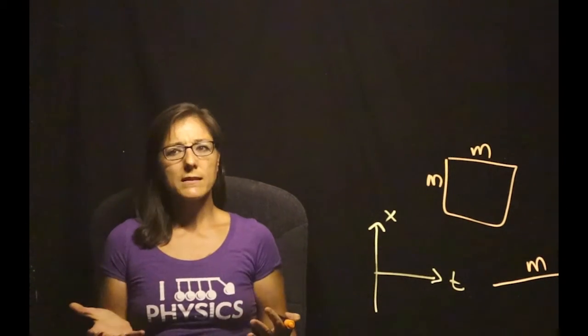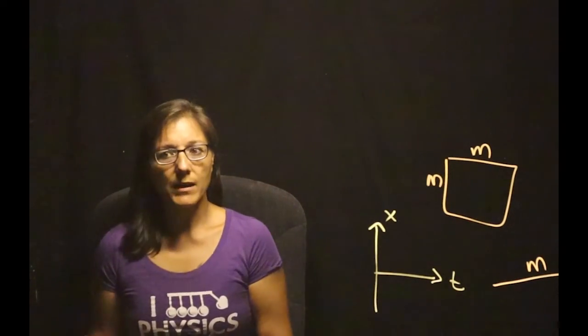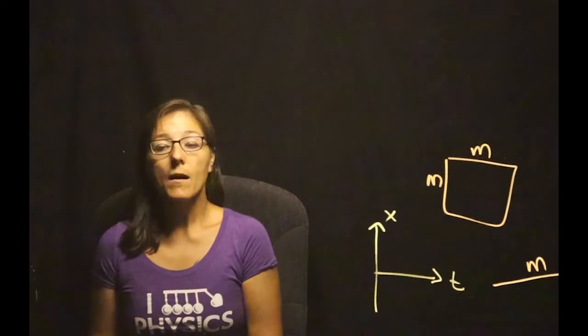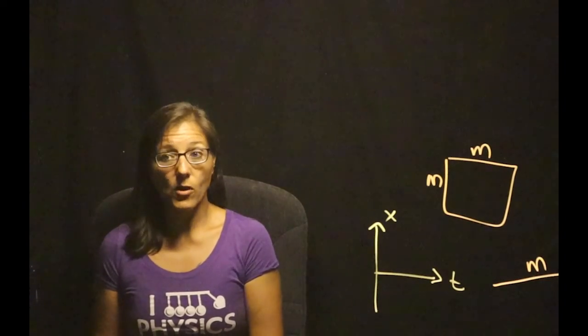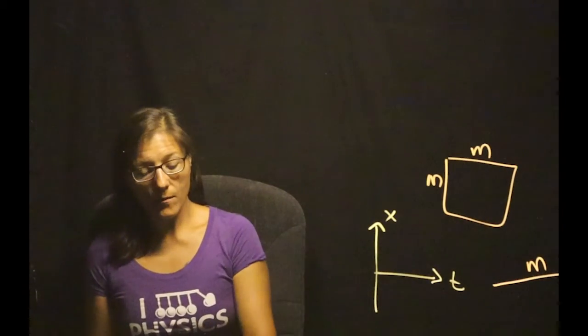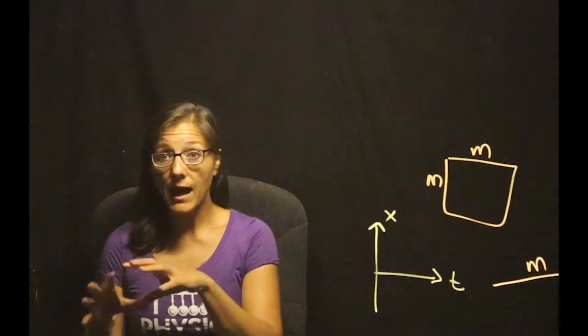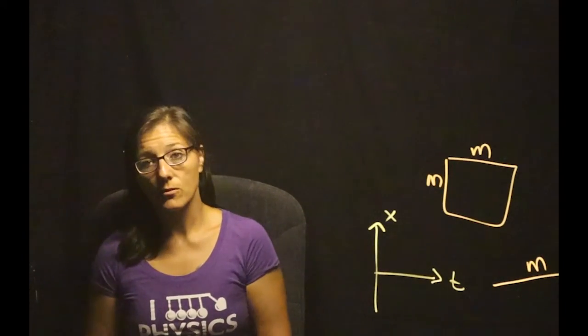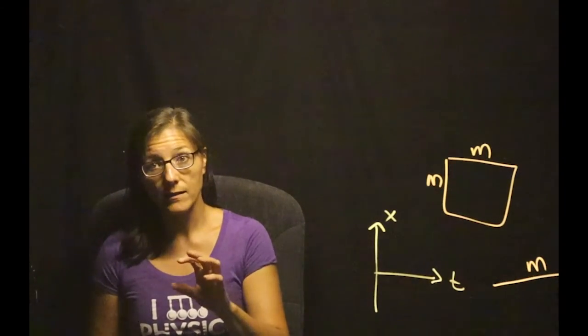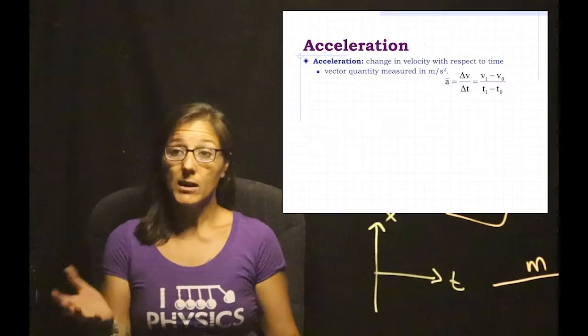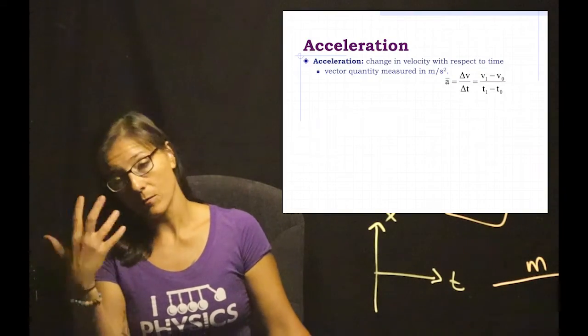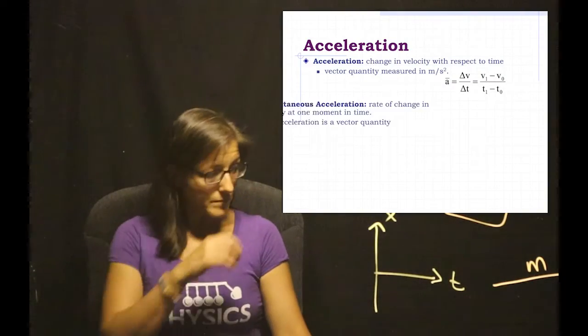So there's no such thing as seconds squared. I will emphasize meters per second when we talk about these things, because it is a velocity with respect to time. It's a rate of change in meters per second. You are welcome to say meters per second squared. I'm just letting you know that I won't.